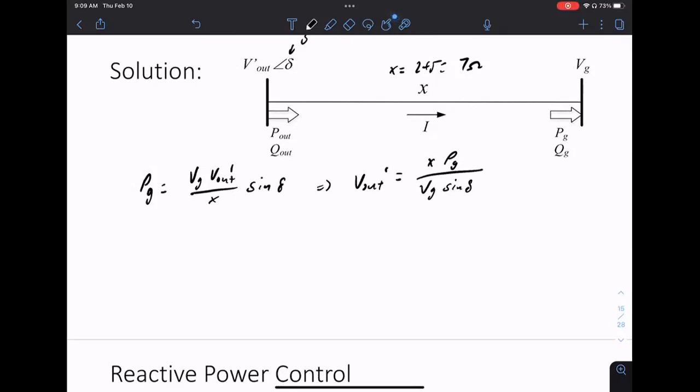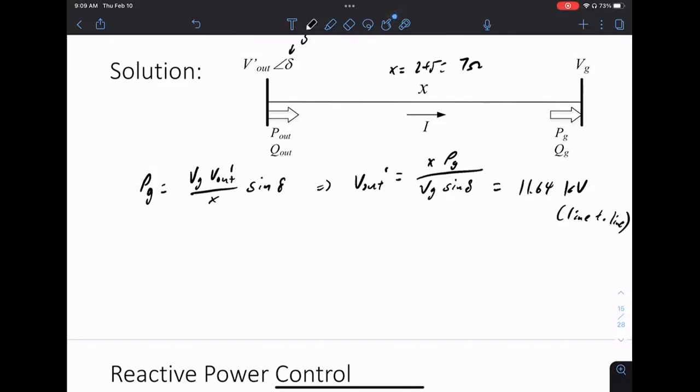Isolating VL prime, then all the numbers we know: we know what the power is, we know what x is, we know the angle, we know the grid voltage. Plug all this in, you get 7.46 kilovolts. This is line to line. Okay, so this is our line to line voltage.